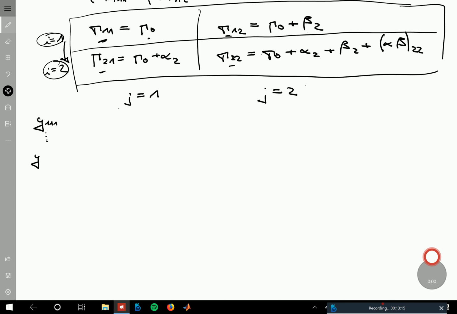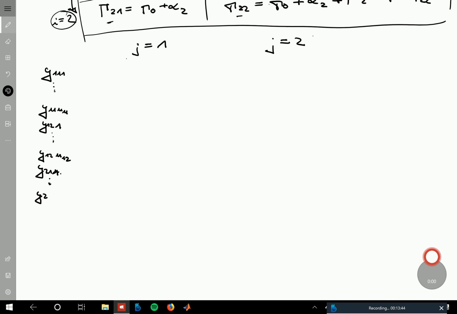So this is again just putting the data into a column vector format.